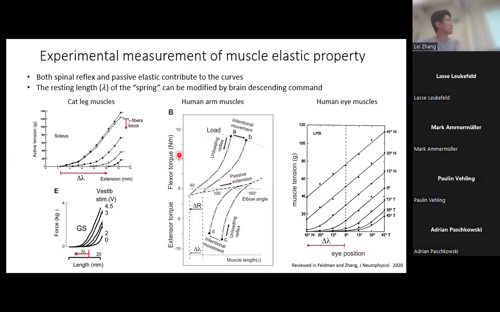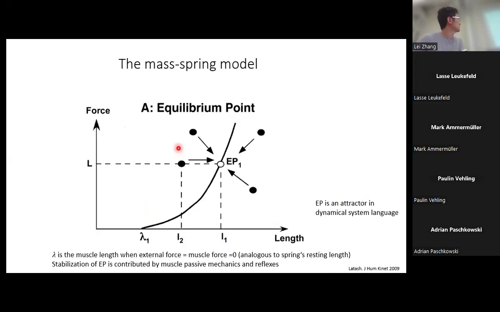So can we make use of these characteristics of the muscle property? Let's still consider the mass-spring model. Here we have length and force. Lambda is the zero length. Once your brain specifies a lambda value, the zero length value, the curve is determined, depending on the external condition.